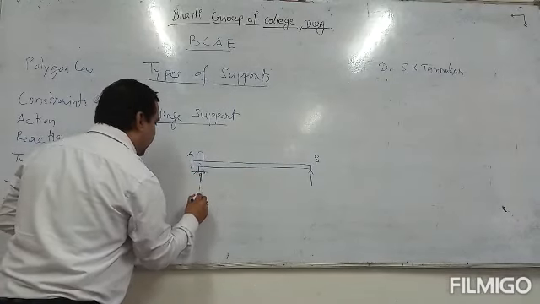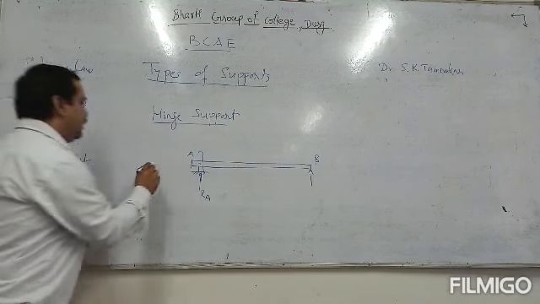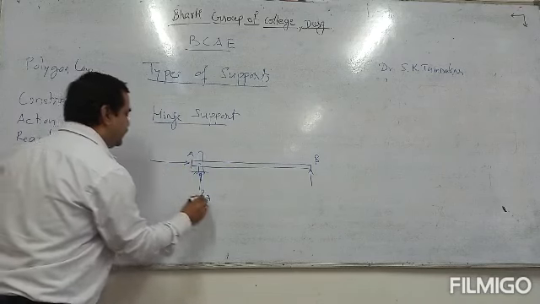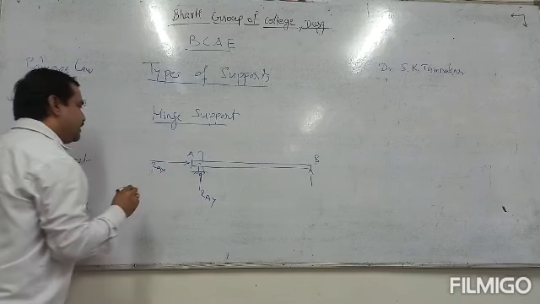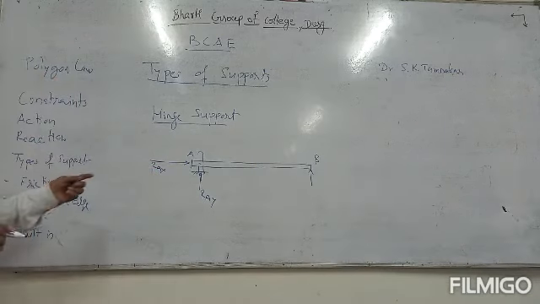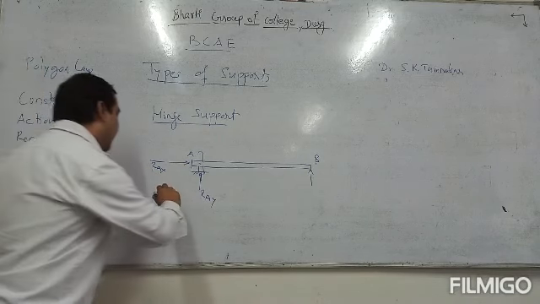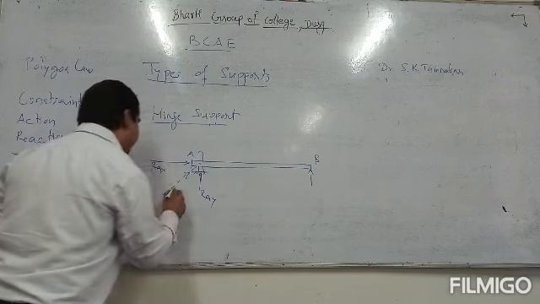One is RA in the upward direction and another is in this direction. This is RAY, this is RAX. Practically, we can use the resultant of RAX and RAY in this direction.